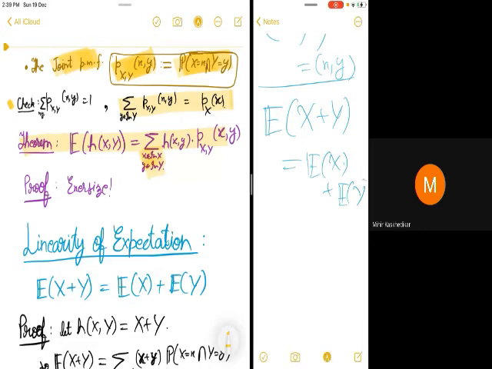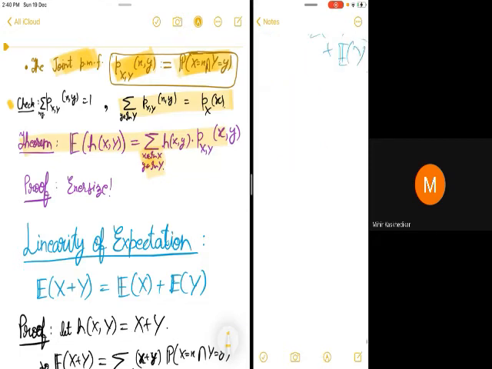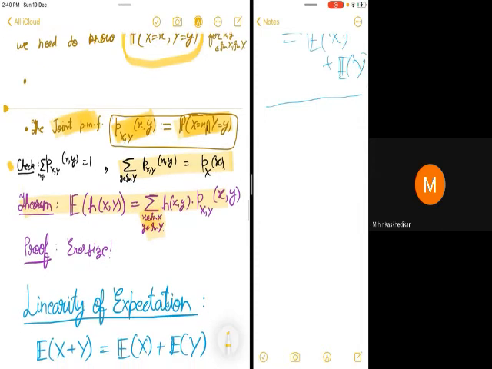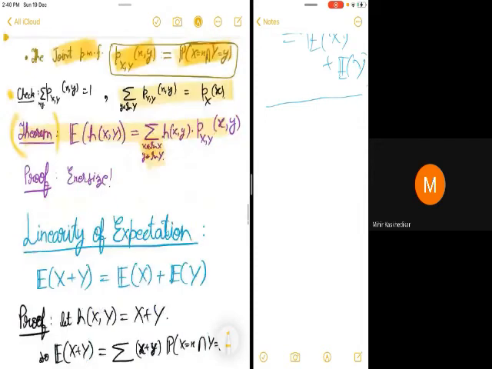Here x plus y is a random variable which takes the value x of omega plus y of omega. Does anybody have a solution? You can use this theorem, you will obviously use it.